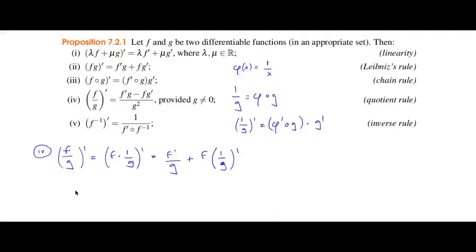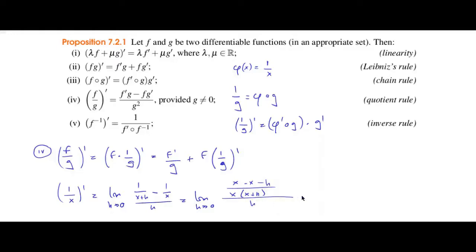Okay, so what's the derivative of 1 over x? Let's see. This is the limit when h goes to 0 of 1 over x plus h minus 1 over x, divided by h. Then we take everything in the same fraction, so we have x times x plus h, and then we have x minus x plus h, all of this divided by h, right?